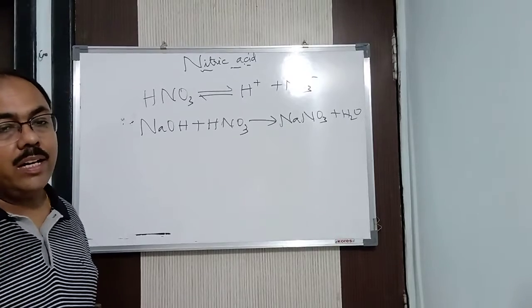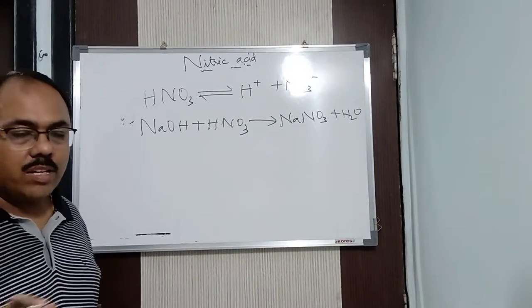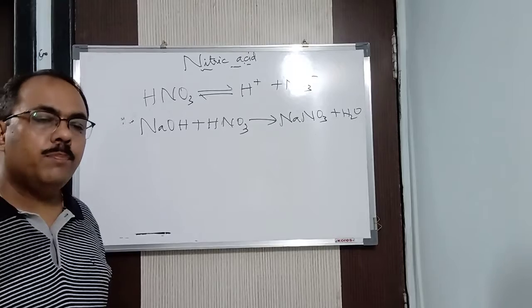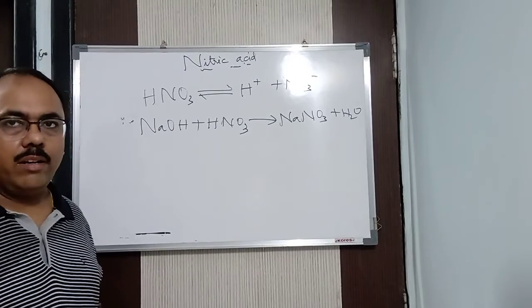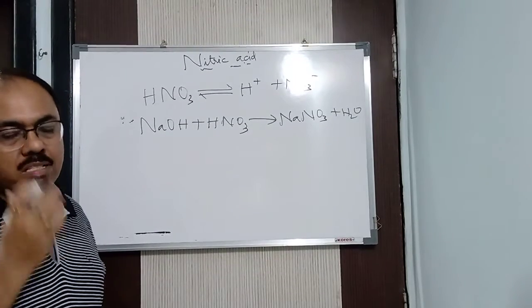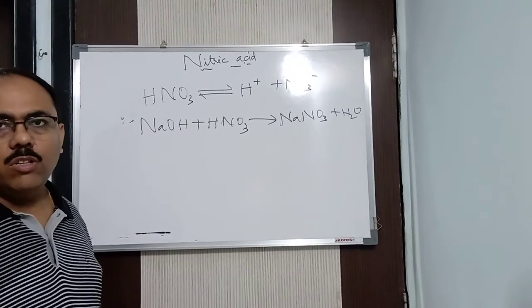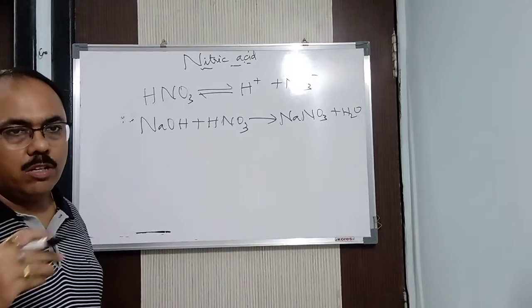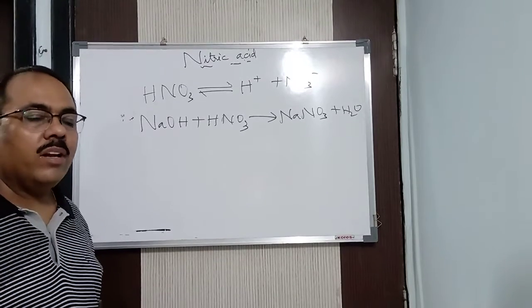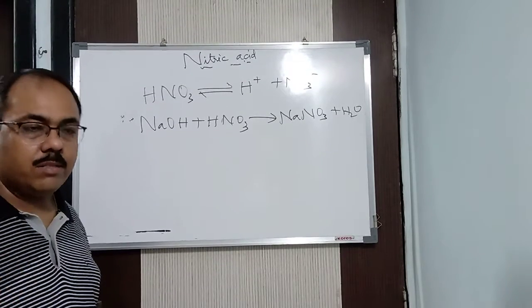If you take concentrated nitric acid, it does not ionize, it poorly ionizes. Poorly ionizes means, suppose you take 100 molecules of concentrated nitric acid, hardly 10 or 15 molecules will ionize. The remaining 85 or 90 molecules will not be ionized.